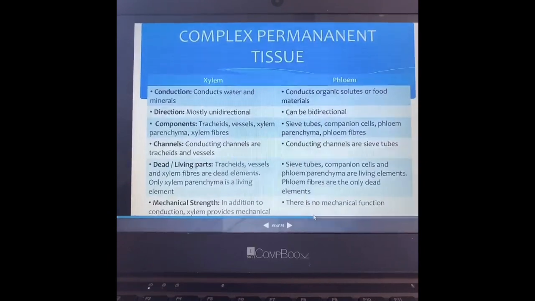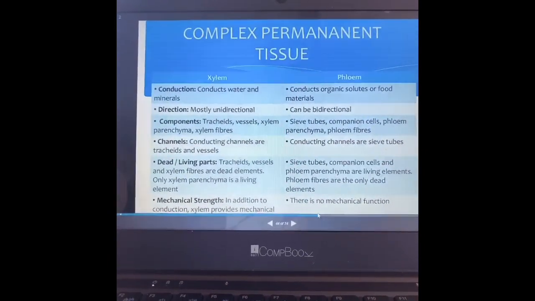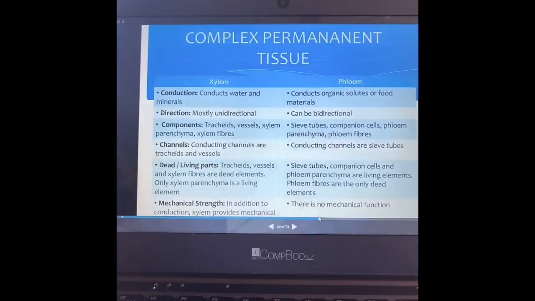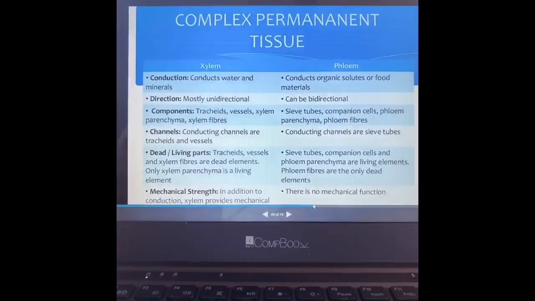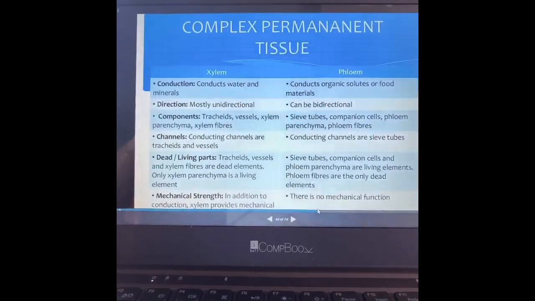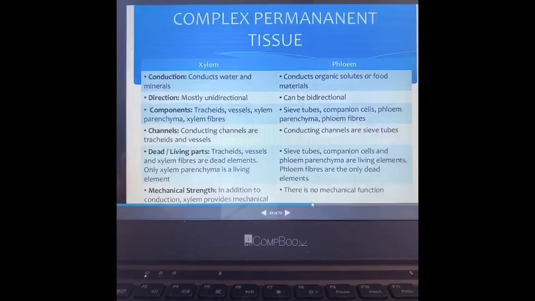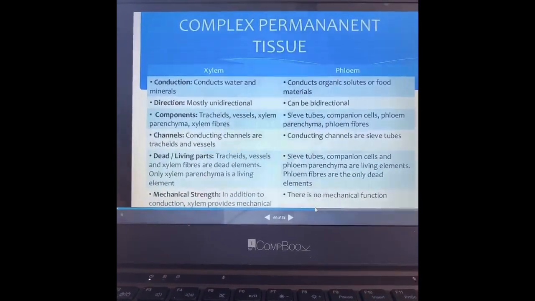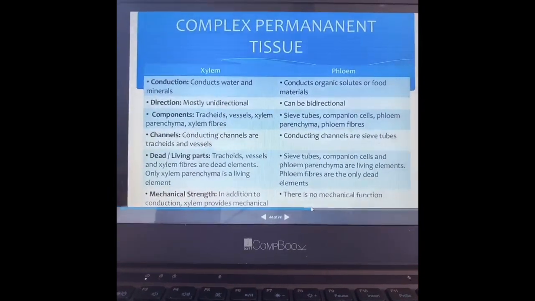Whereas phloem conducts the food in both directions. They can take food from storage organs in the root or some lower part of the plant to the growing stem. They can also conduct food from the green parts, where the food is synthesized, to the storage organ. So in both directions they can take the food.